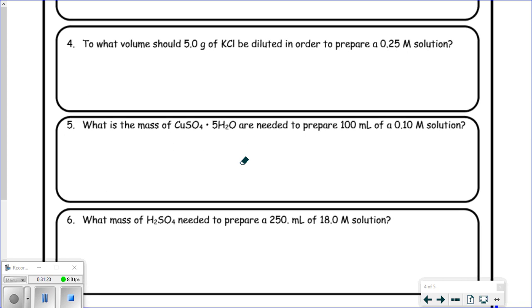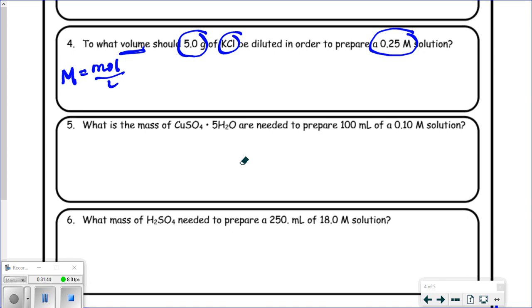What volume, if you have 5 grams of KCl, in order to prepare, ooh, look at that big M. That means they gave me molarity. So big M is mole over liter, right?